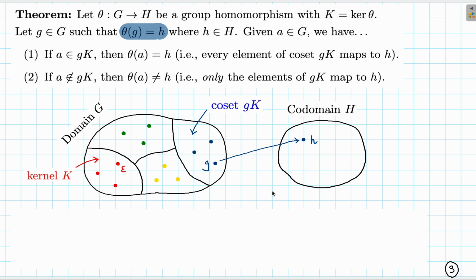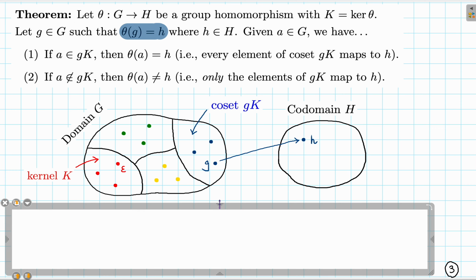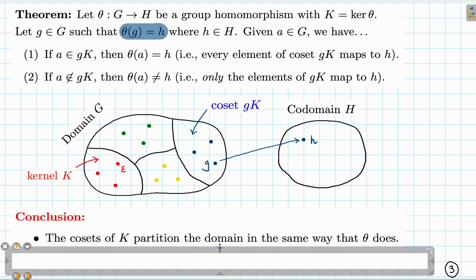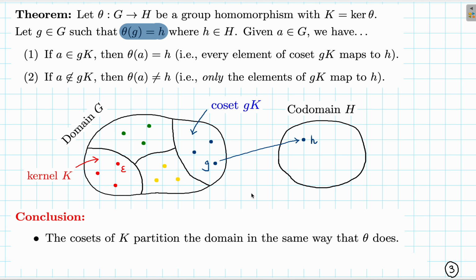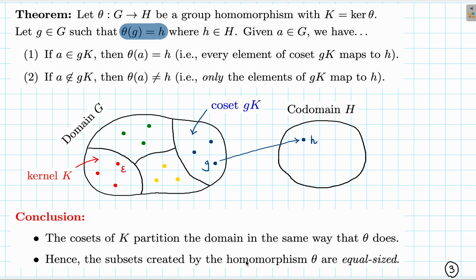Before we discuss the proof of this theorem, here are a couple of conclusions that we can make based on the theorem. First is that this theorem is a more precise way of saying that the cosets of K partition the domain in the same way that theta does. And because of that, we can finally understand why the subsets created by the homomorphism theta are equal sized.